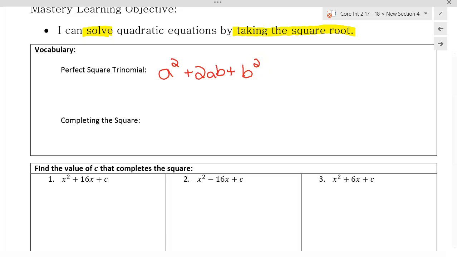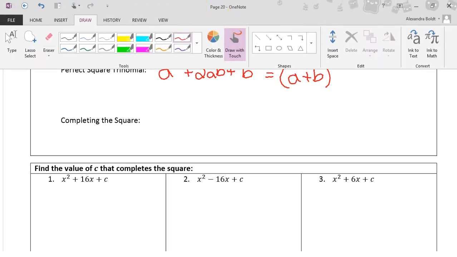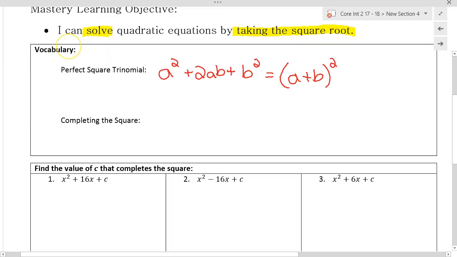And that is equal to, if I factor that, a plus b squared. Starting at a squared plus 2ab plus b squared, if I factor it, I get a plus b squared. Starting at a plus b squared, if I multiply those, I get a squared plus 2ab plus b squared. So it's just going both directions.